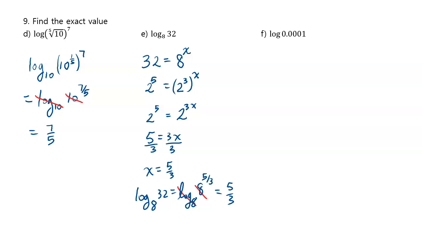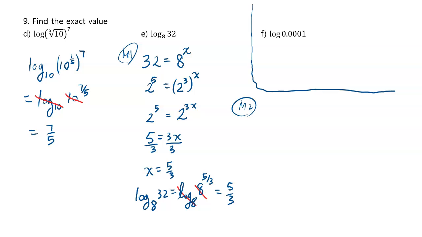Okay, now let me show you another method. So that will be method 1. Method 2, what you want to do is you can use something called the base change formula.